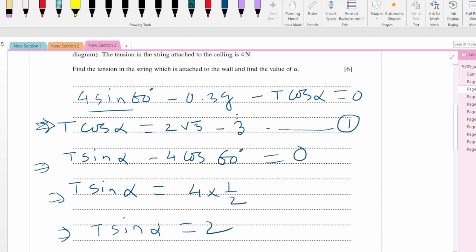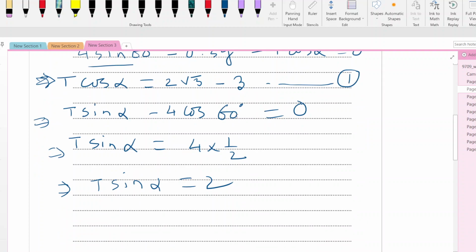Now square equation 1 and square equation 2 and add them, which gives T squared (sin squared alpha plus cos squared alpha is 1).